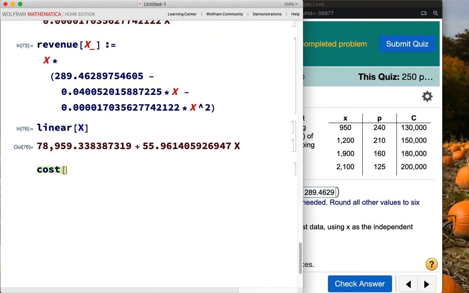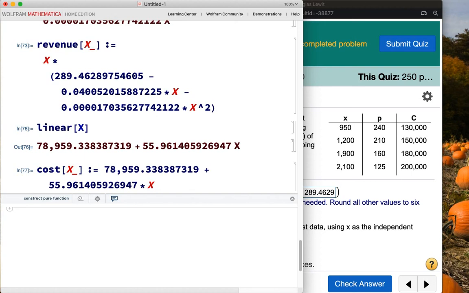So my cost function is equal to 78,959.33838 plus 55.961405926947 times x.